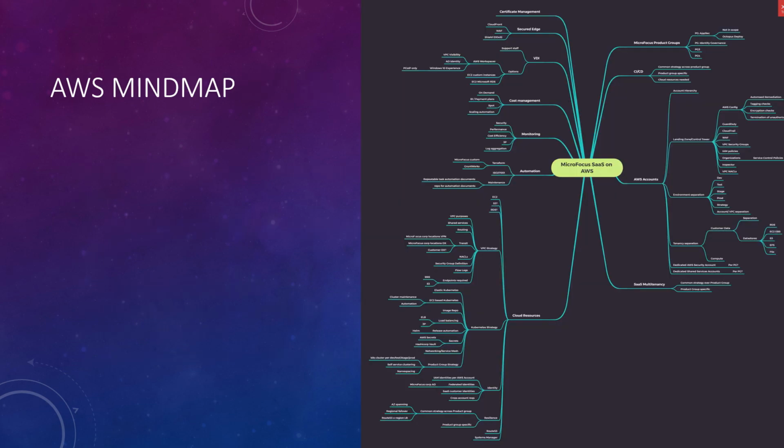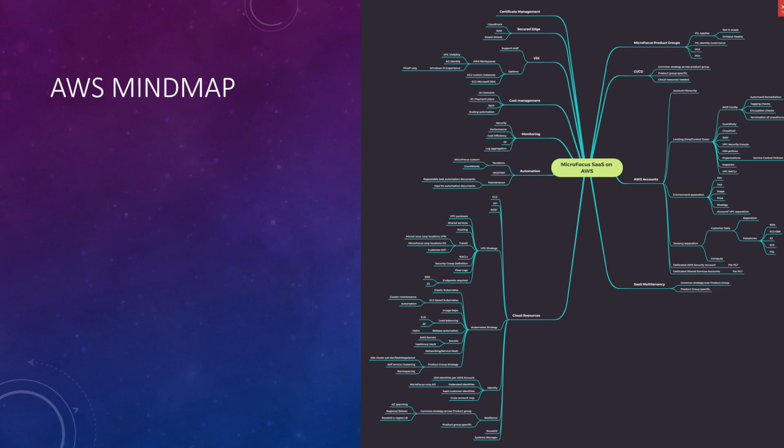I've included this slide so that after you've watched this whole thing, you can go back and actually look at it in detail. It's an AWS mind map we developed for a company I worked for called Micro Focus. And the mind map includes just about everything I think you need to know about AWS, so all the different areas.